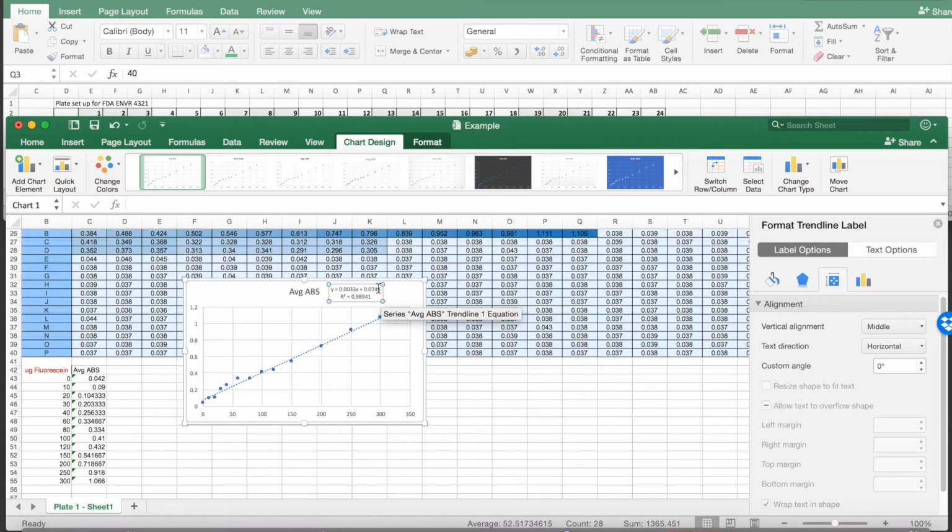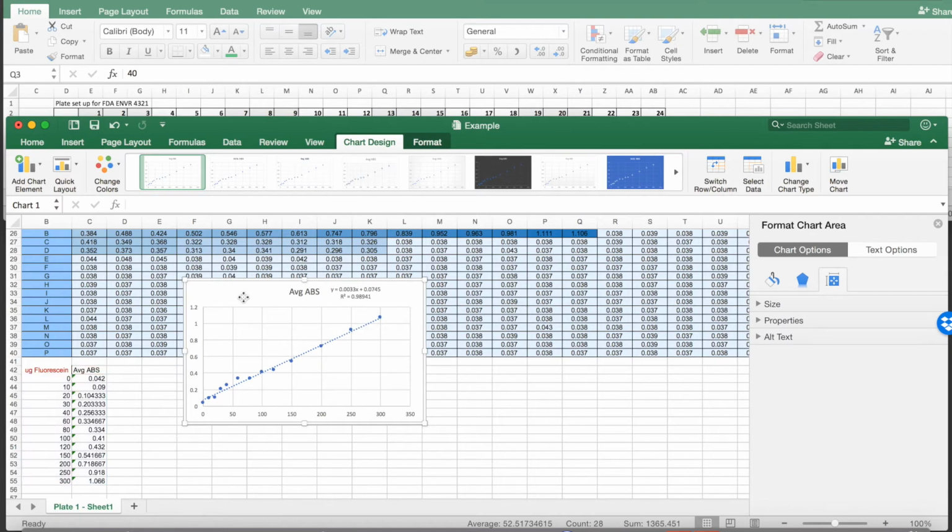We're going to use this equation to estimate the concentration of fluorescein in our sample, because for our samples, all we know is absorbance. We need to translate absorbance into the concentration, okay? So we have this equation, we're going to leave it here and use it soon.